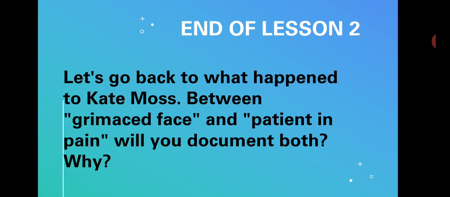While Kate was voiding, she was manifesting a grimace face. Then the next data mentioned in the question was urine output was 80 ml and the color of the urine was dark amber. Okay, so those were the data. Grimace face, 80 ml of urine output, and dark amber.